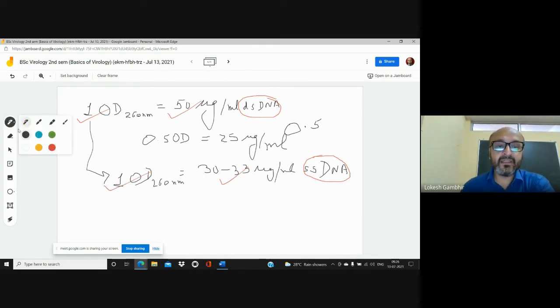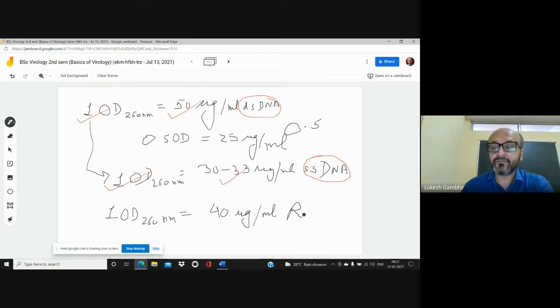Not only DNA, but a similar case is with RNA. If you are measuring RNA and you get an OD of 1 at 260 nanometer, then it is equivalent to 40 microgram per ml of RNA. That is another set of standard values that you should always remember regarding spectrophotometer values.